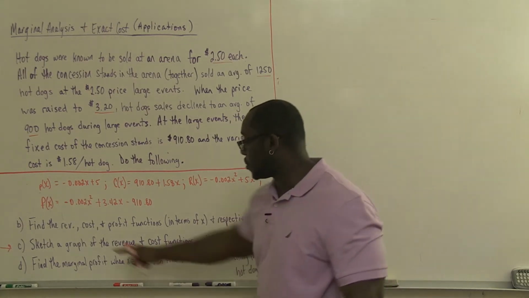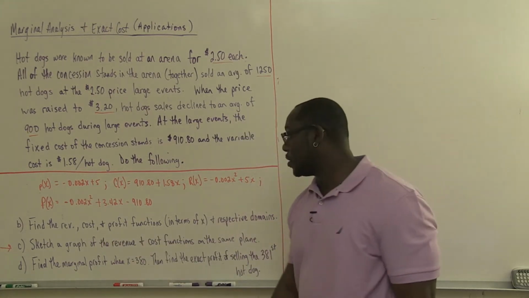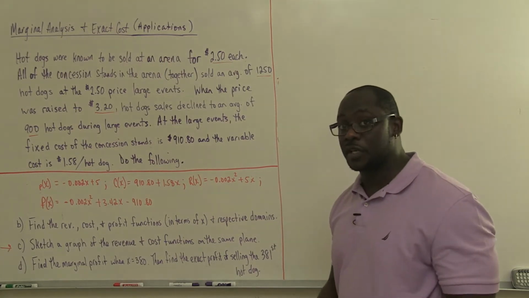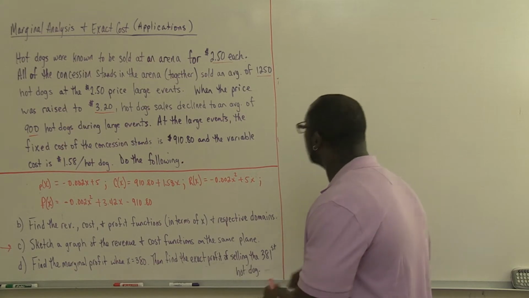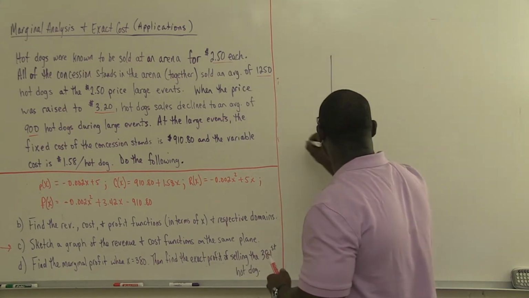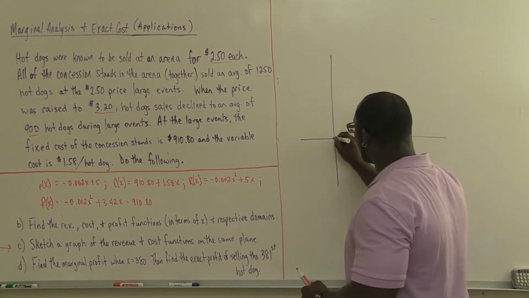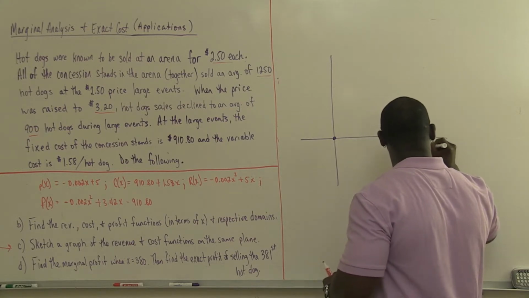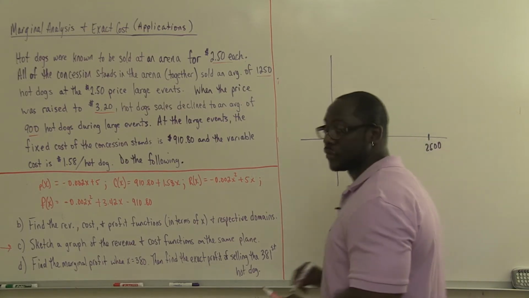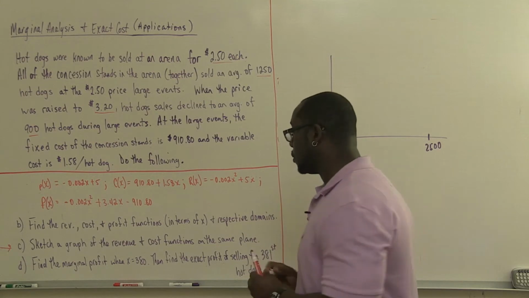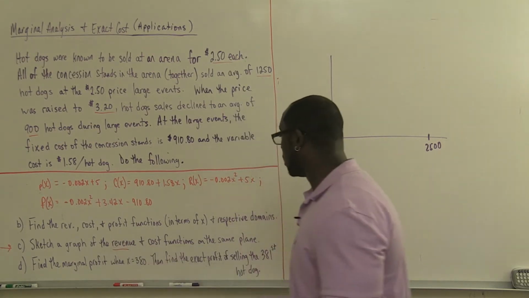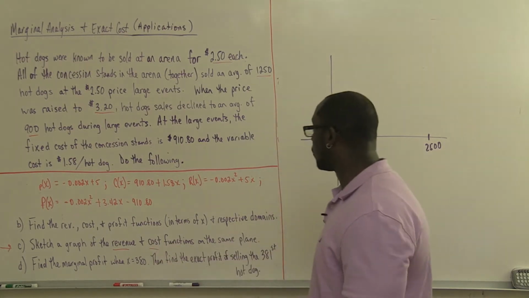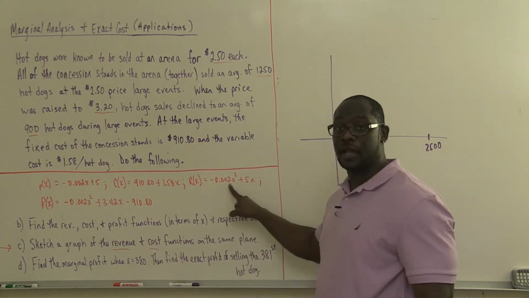And we can work on part C now, which is sketching a graph. So I'm not going to get too particular on this, just going to give you a general idea of what it looks like. So we know our domain is going from when x is 0 to x is 2,500. And if we look at our revenue and cost, we know that our revenue function looks like a quadratic.